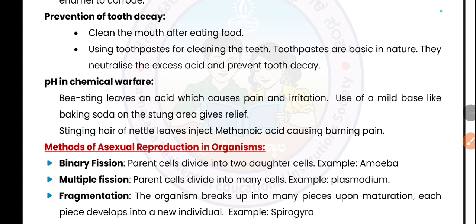They neutralize the excess acid and prevent tooth decay. pH in chemical warfare. A bee sting leaves an acid which causes pain and irritation. Use of a mild base like baking soda on the stung area gives relief. Stinging hair of the nettle leaves injects methanoic acid causing a burning pain.